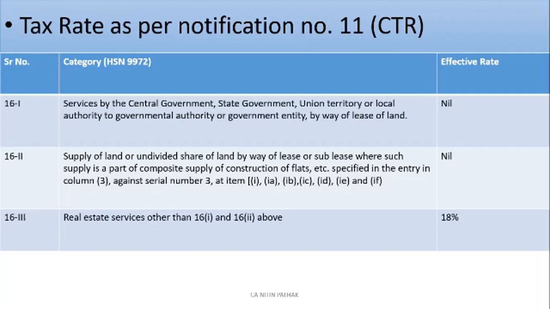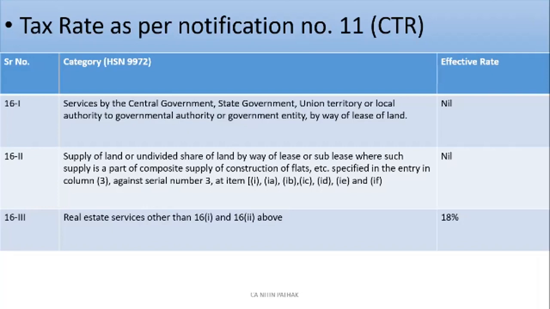This is clarified in Notification 11 CTR. I am just going to mention that except for 16.1 and 16.2, all real estate transactions will be liable at 18% GST. What is number one? Services by central government, state government, union territory, or local authority, or government entity by way of lease of land.